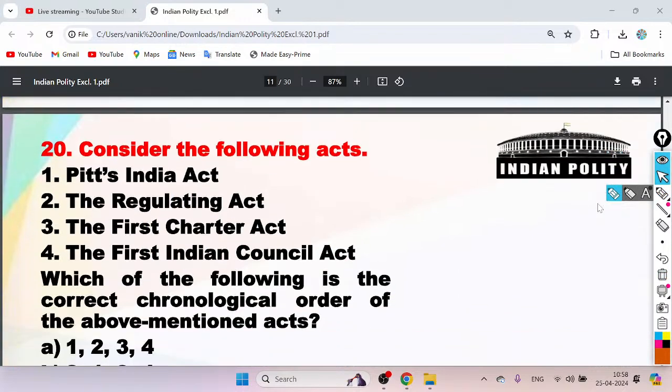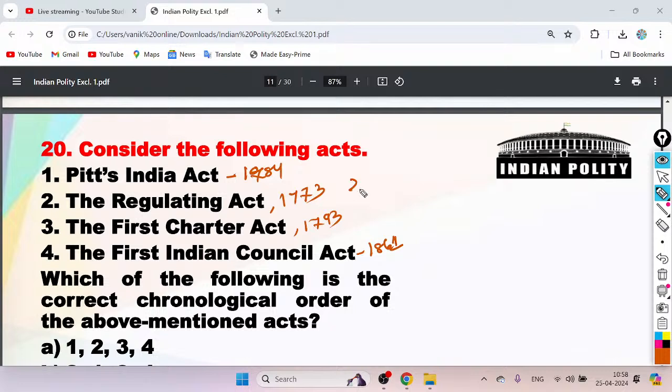Question 20. Consider the following acts. Pitt's India Act 1784, that is a revision. Regulating Act 1773. First Charter Act 1793. First Indian Council Act 1861.